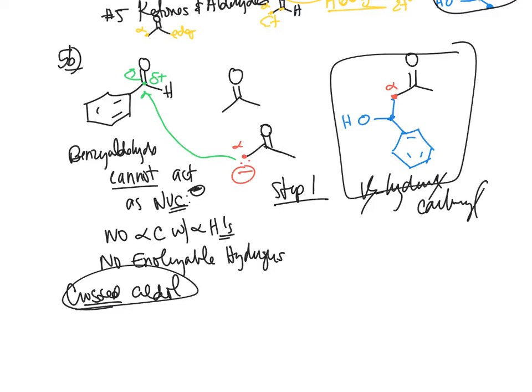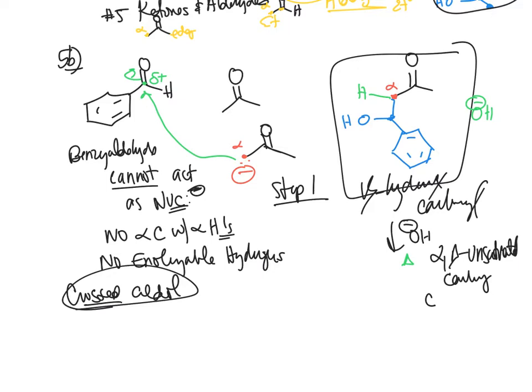Now, the thing is, what's most likely going to happen if you have this base here, it's going to become an alpha beta unsaturated carbonyl. It's going to dehydrate. Okay, it's hard not to do this because this alpha carbon still has an extra hydrogen. You still have this in base, okay? You can add heat or not, but this is going to deprotonate this.